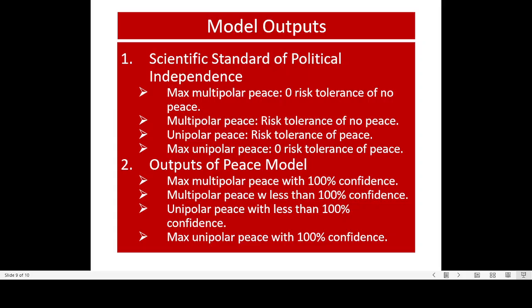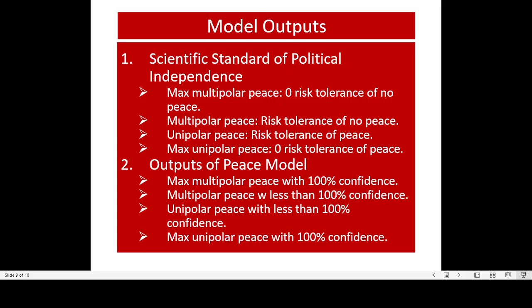Now, once we have four buckets divided by scientific standard, we apply that to any given model of peace. We analyze the output of the peace model to see which bucket is the right one to capture the output.